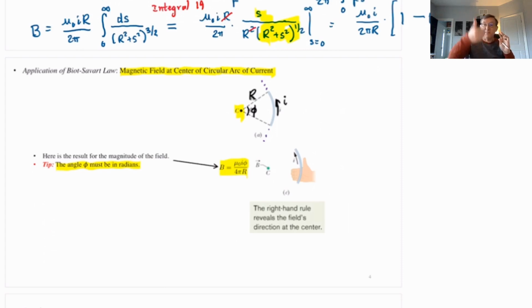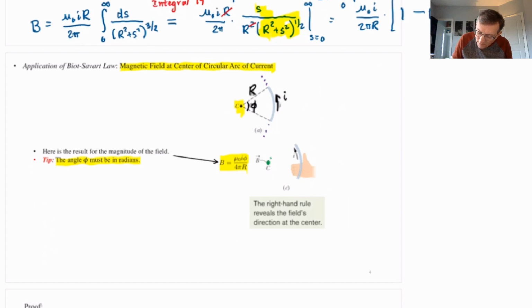Similarly here, curl your fingers the way the current's going in the arc, and then look at which way your thumb points. Our current's going upwards around the arc, so to the left of the wire, my fingertips point up towards me. So that means the magnetic field is coming out of the screen towards me at that center of curvature point.